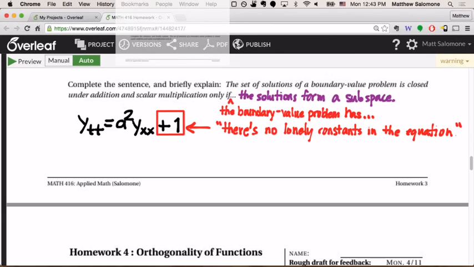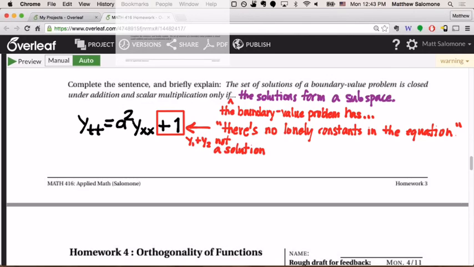This is what made it so that y1 plus y2 was not a solution, even though y1 and y2 were. Because when we add them together, instead of getting a plus 1, we end up with a plus 2, right, when we add those together. So there's something about the partial differential equation having this extra additive constant that screws you over. That's what screws you over in the first part of the problem.